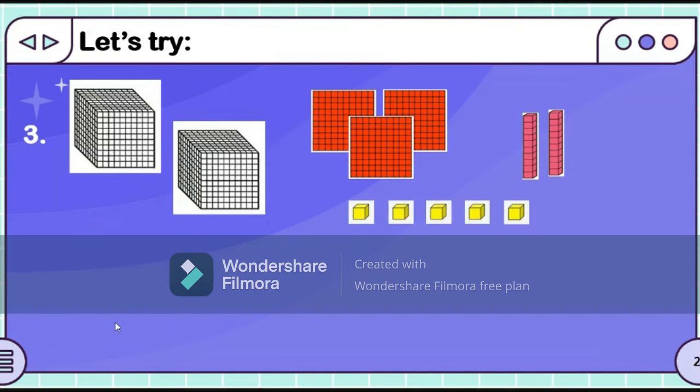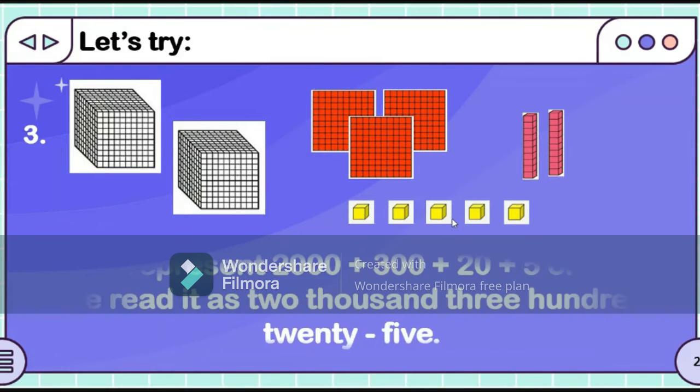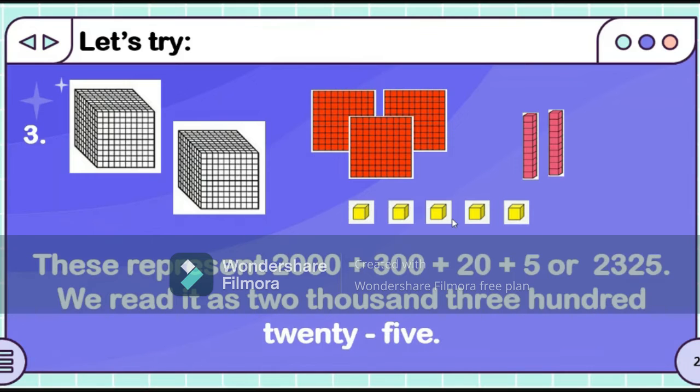So, we have 2 blocks, 3 flats, 2 longs, and 5 squares. So, that is 2,000 plus 300 plus 20 plus 5 or 2,325. Okay?